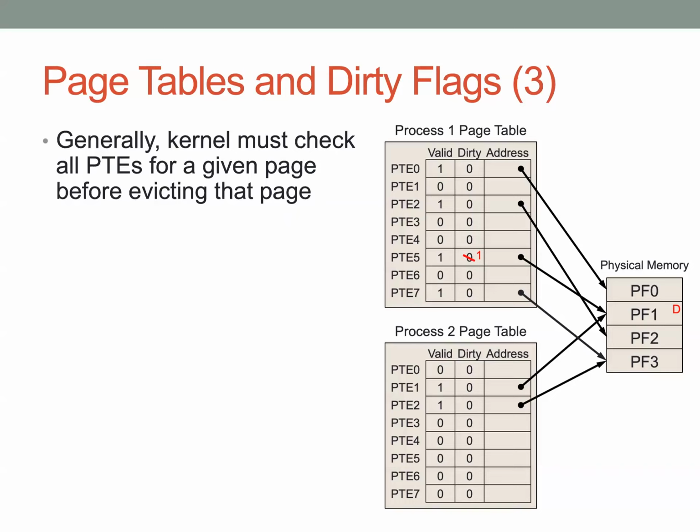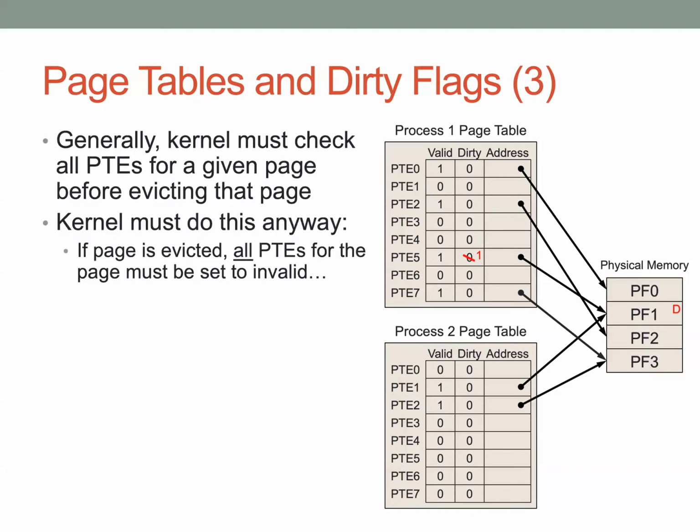But it's not anything out of the ordinary, because if you're going to evict the page in frame 1, you have to tell all the processes that think it's present that it's no longer present. So the kernel has to go through all these page tables anyway to make sure the shared page is now marked as not being in memory.